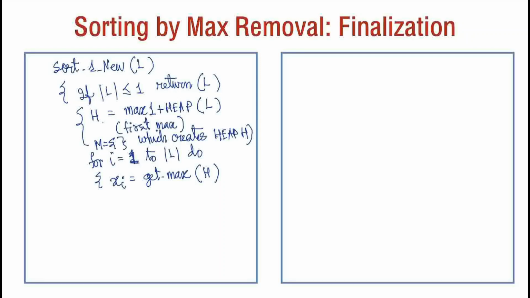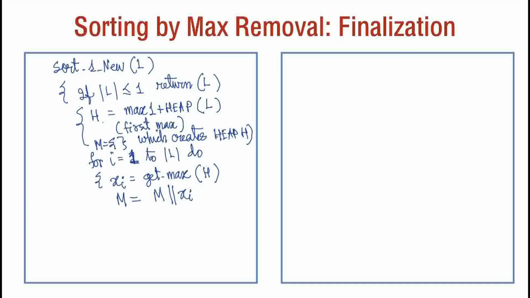We get this max, we write xi. Sorry, this is not xi. We rewrite M. So what we do is M is equal to M in front and xi is put after this.